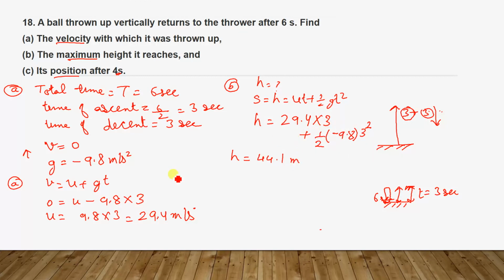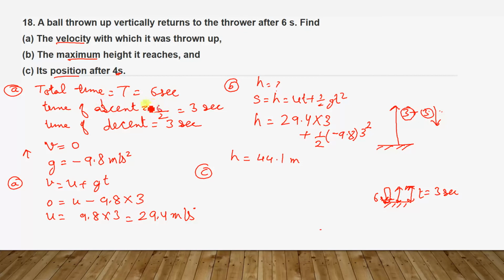Okay dear. Let's move to the last portion, C part, its position after 4 seconds. Now student, here what is happening actually, as I have already explained, first 3 seconds will be taken to go up, and another 1 second that is left from the 4 seconds, it will move down. ठीक है. So after 4 seconds ball has started falling down.